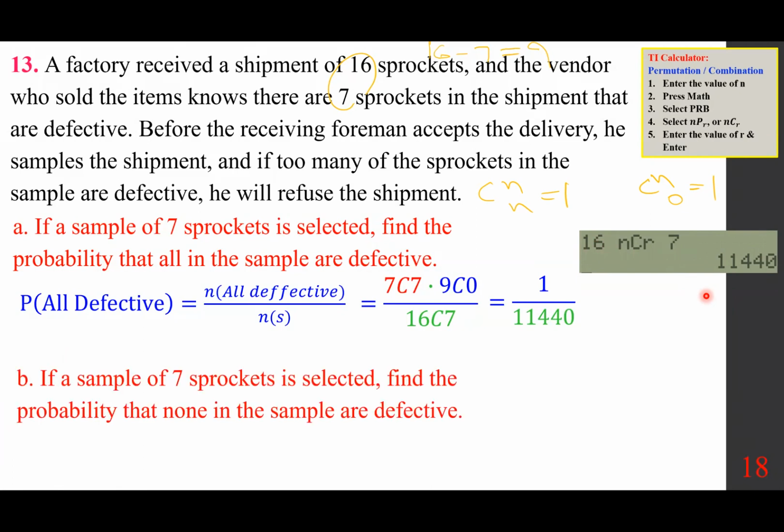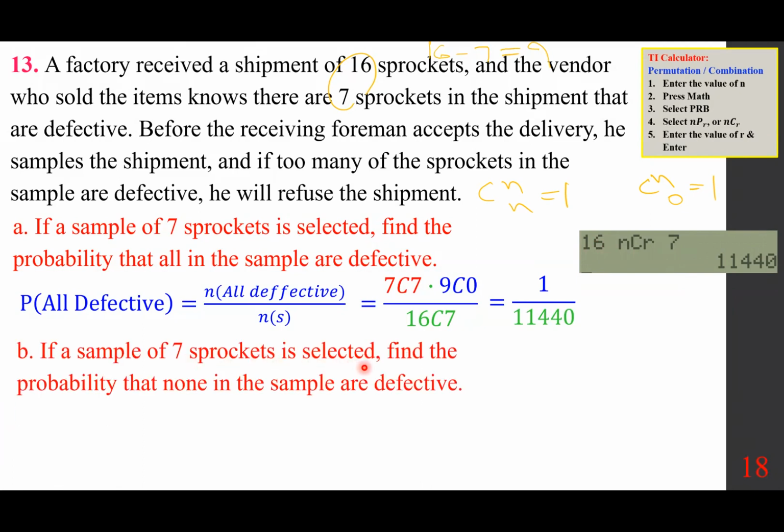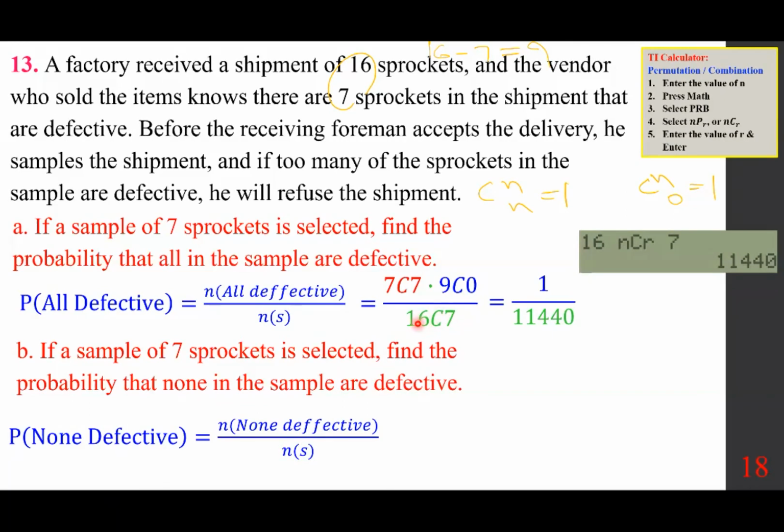Now, if a sample of 7 sprockets is selected, find the probability that none in the sample are defective. Again, the formula is n of non-defective over n of s. N of s is the same as before, combination of 16, choose 7.